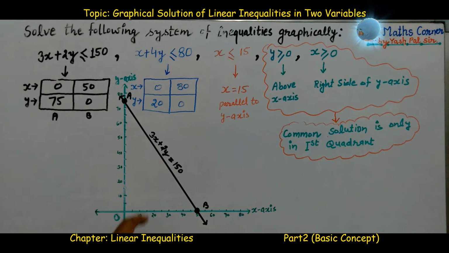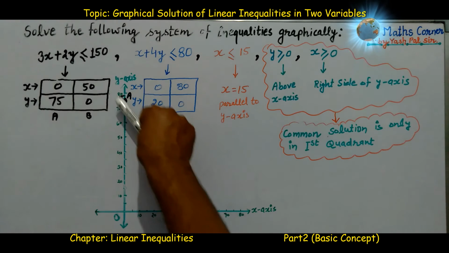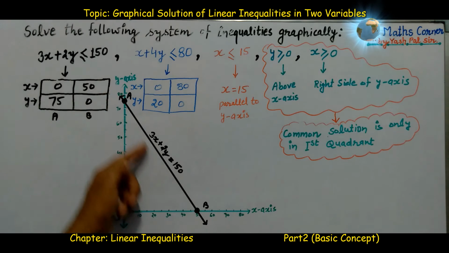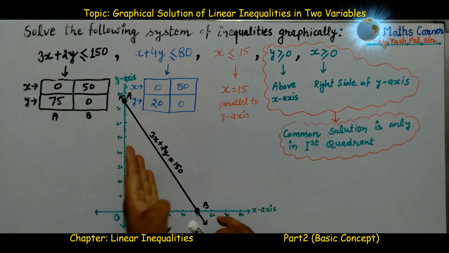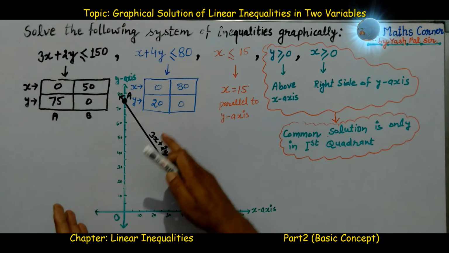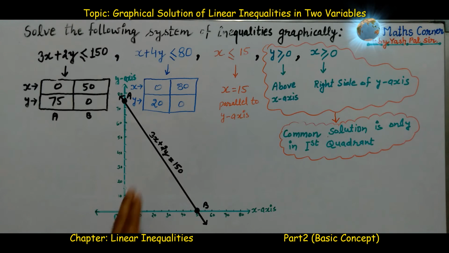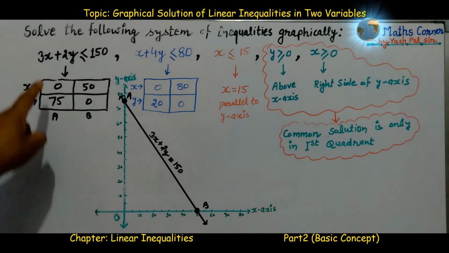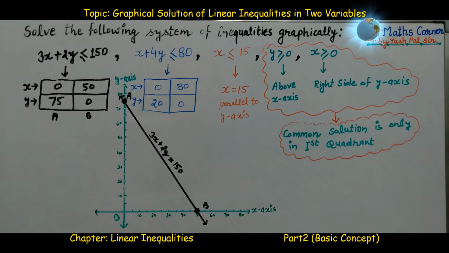Now there are two parts of the coordinate plane made by this line. One is this side, the second half is this side. Which side should we shade? Again we take this 0 0 as the most convenient point.